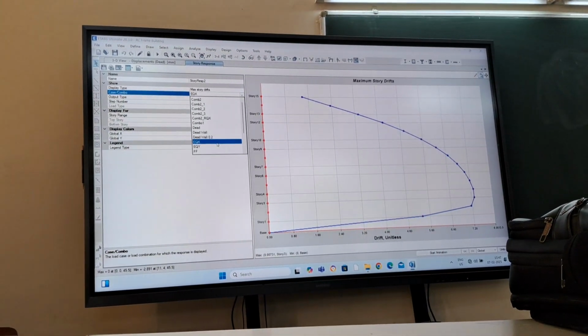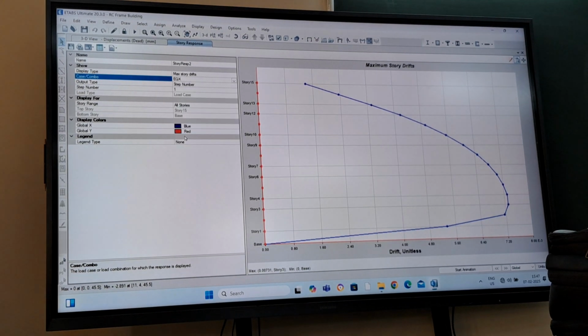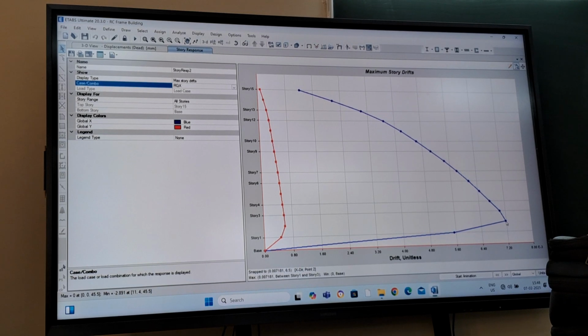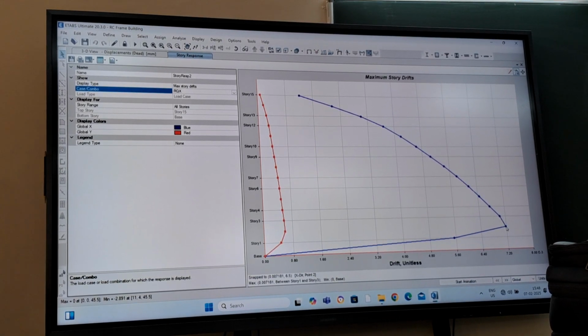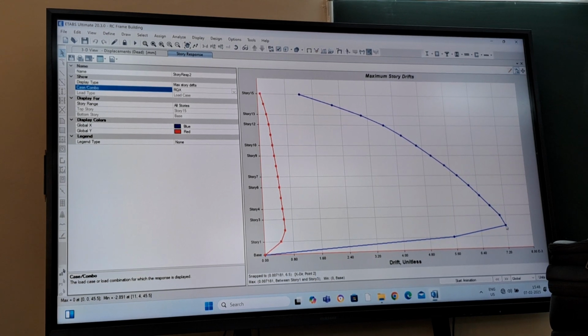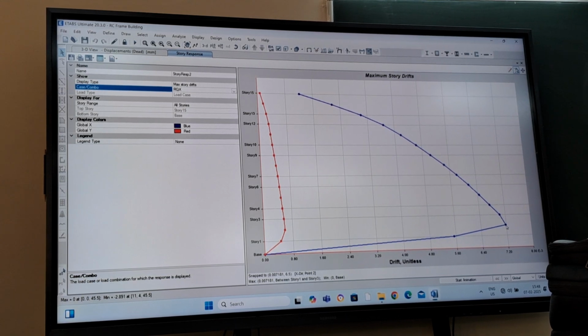And if you go to the response spectrum load case, it is 0.00718. So it is giving values lesser than equivalent static. So it is contradicting the understanding. What we understand is that response spectrum should give the higher load, higher displacement. But here it is happening the opposite. I don't understand this.